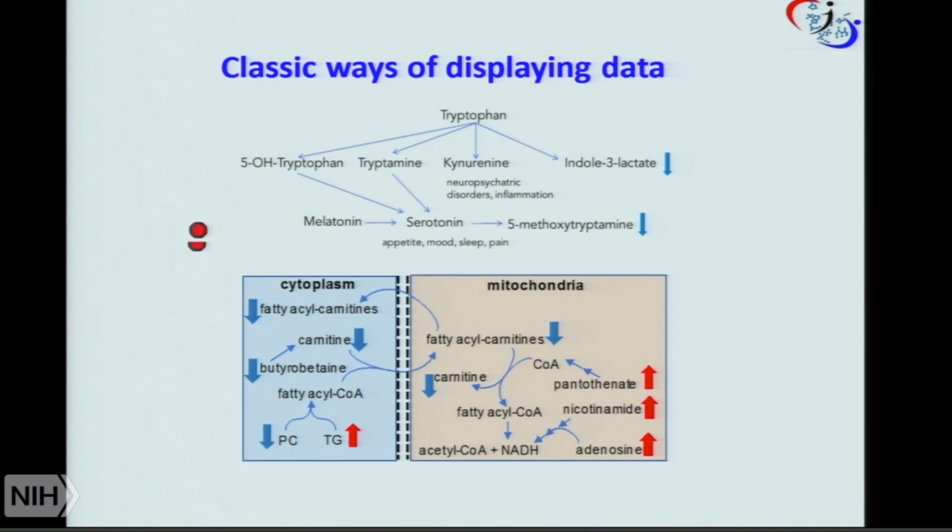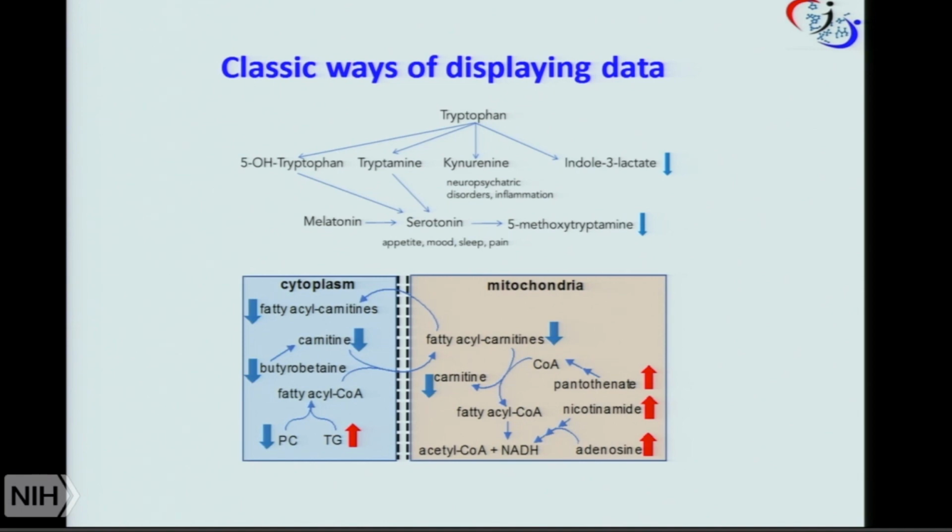We can also talk about cytoplasm versus mitochondria, where we see, oh, some vitamins were increased and TGs were increased versus PCs were decreased in ME/CFS. So we saw that, and we can talk about it, but then we sometimes have confounders. We found, for example, ME/CFS patients have higher intake of vitamins, and that would easily explain the increases in pantothenate and nicotinamide.